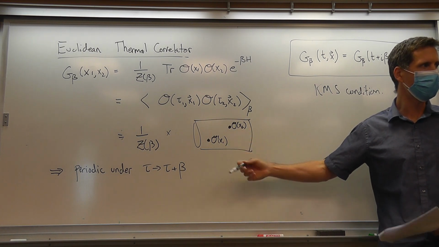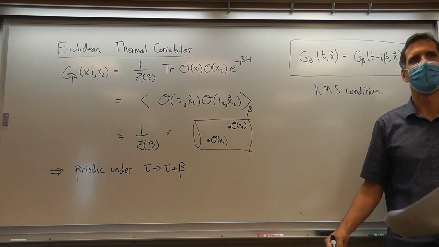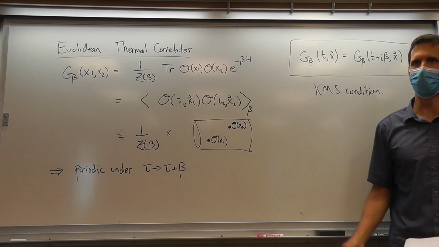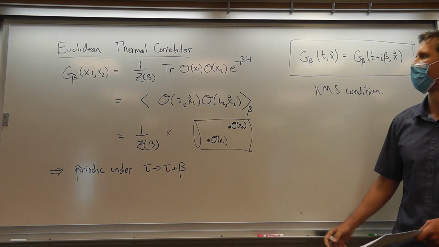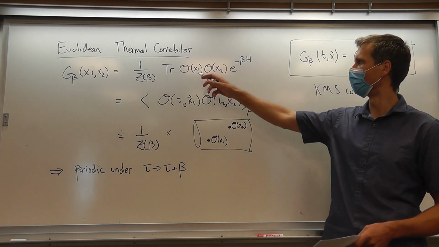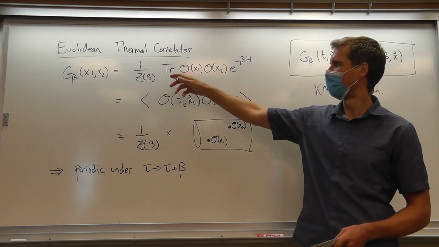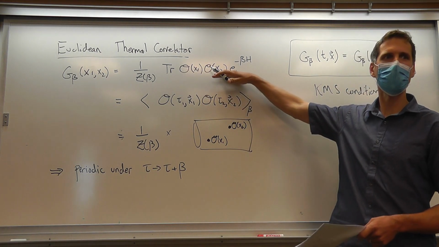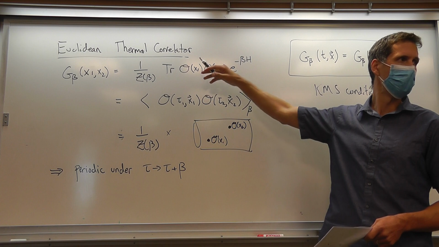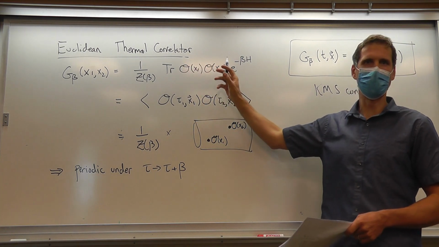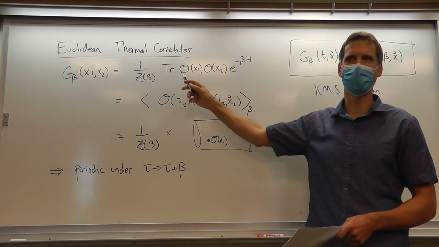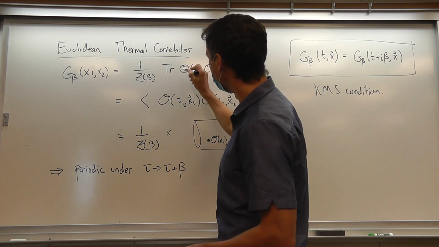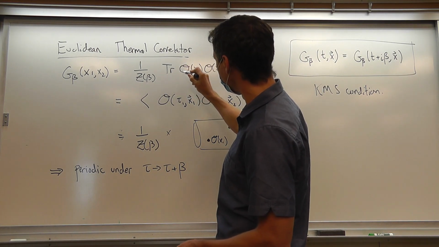Of course, anything you can do with the path integral, you can, at least in principle, also do in operator language. So in this case, you can derive the KMS condition directly from the trace formula by manipulating this trace and using the cyclic property of the trace. I'm not going to work through the details, but I'll give you a hint.